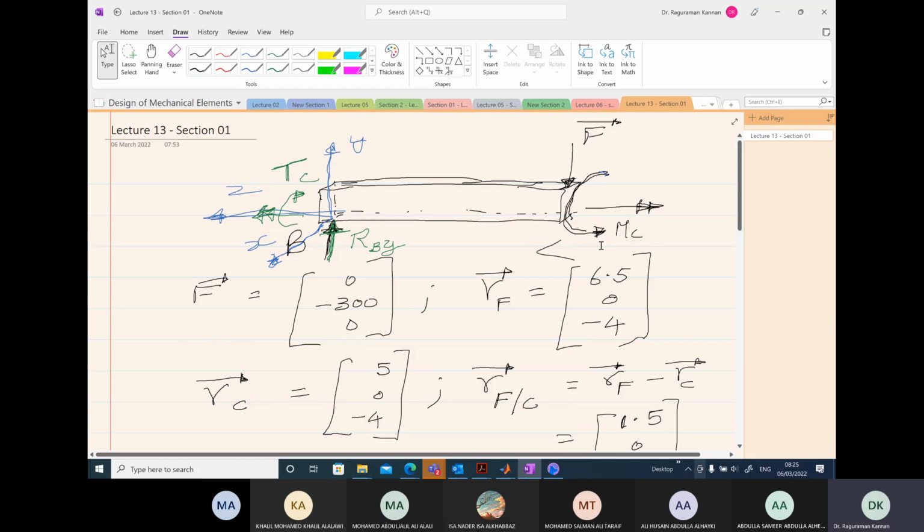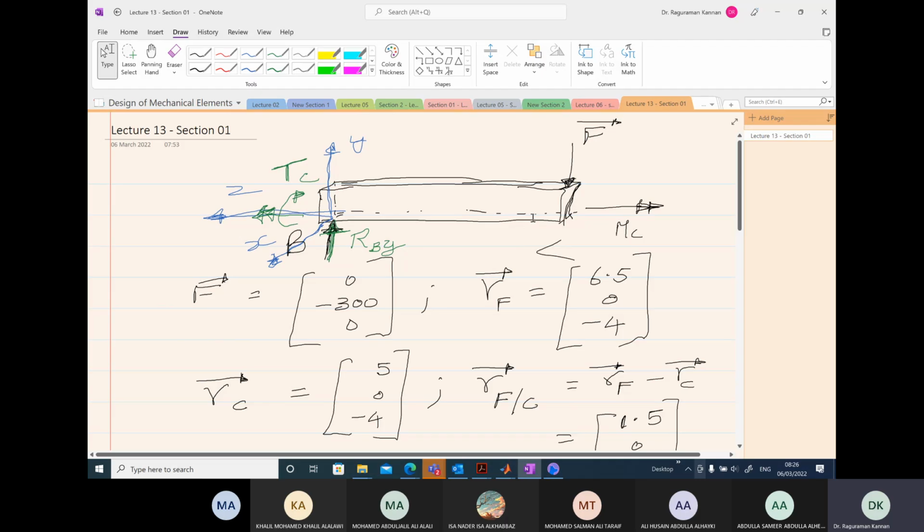Okay, so since we have a torque reaction, let me just get rid of this, just to avoid confusion between torque and bending moment.